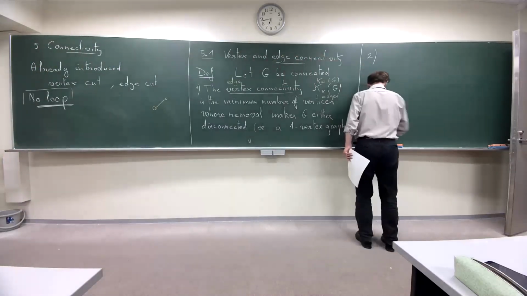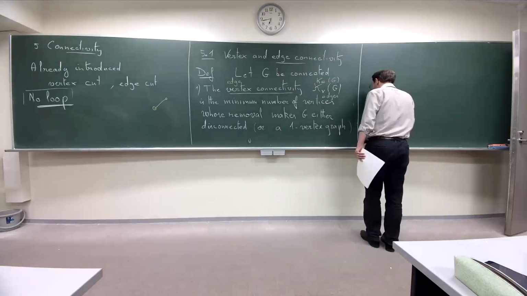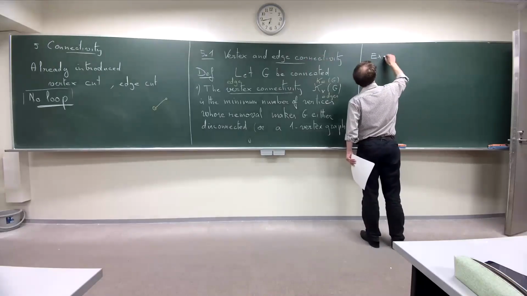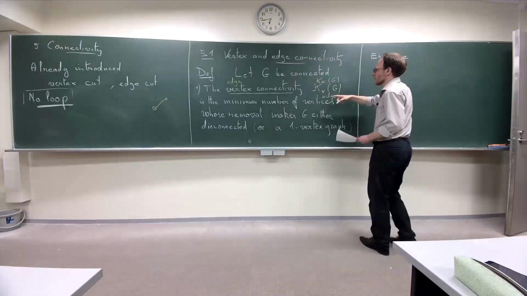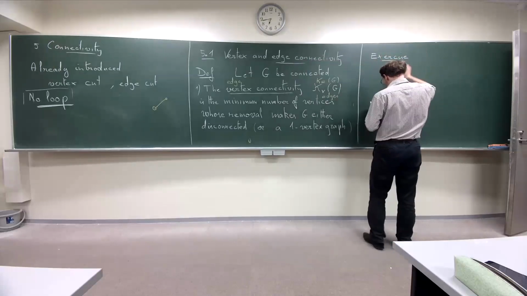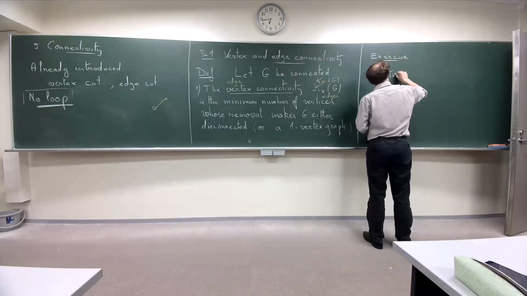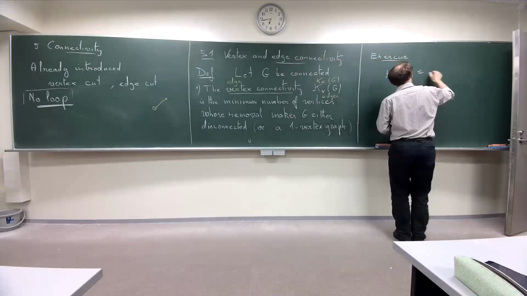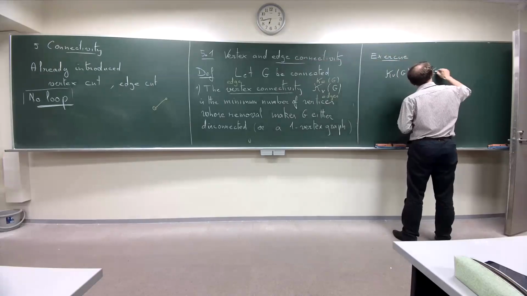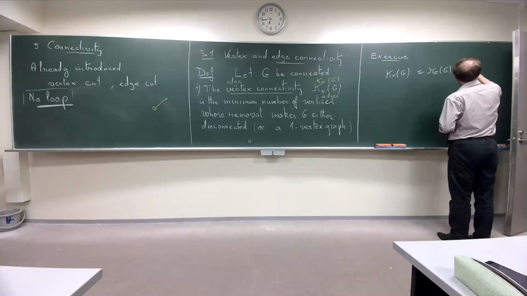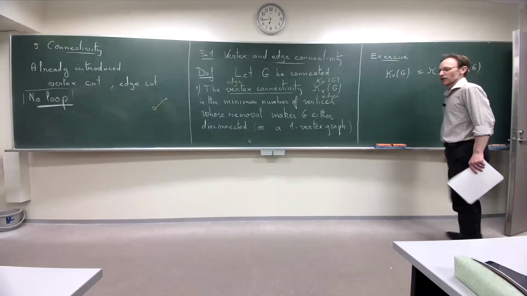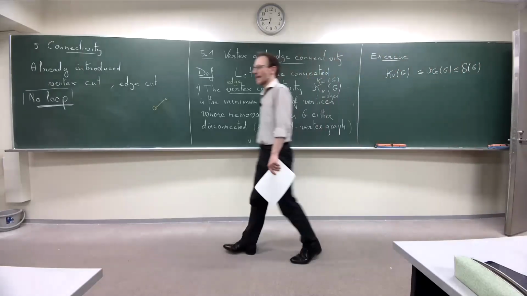Exercise, if you haven't done anything and if you want to play, it's an easy one. There is a relation between these two numbers. Kappa V of G is always smaller than kappa E of G. And it's smaller or equal to delta of G. Do you remember what is this delta of G?